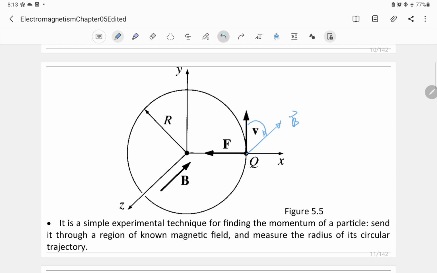So let's check. V is perpendicular to B, and yes, because in this case your velocity is in the xy plane, and your B is directed in the Z direction.